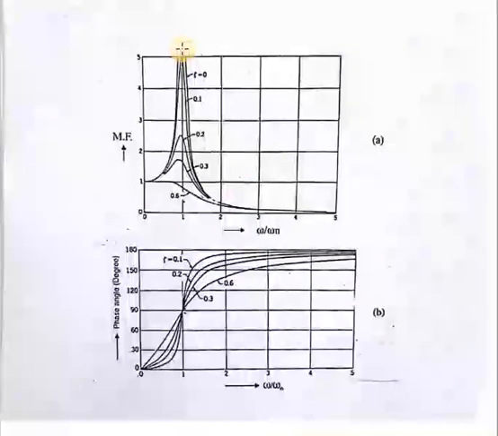Similarly, if omega by omega n equal to 1, the phase angle will be 90 degree. If omega by omega n is greater than 1, then the inertia force increases very rapidly and its magnitude is very large. The damping and spring forces are small in magnitude at that time, and the phase angle is very close to 180 degree, that is here.